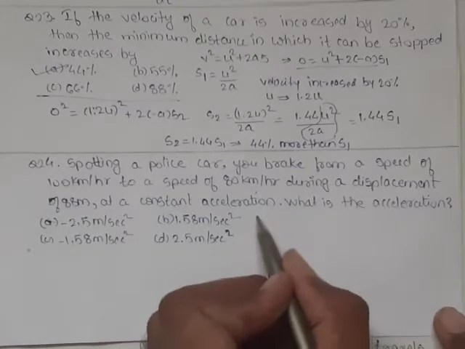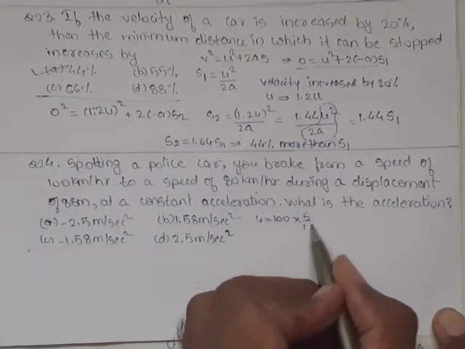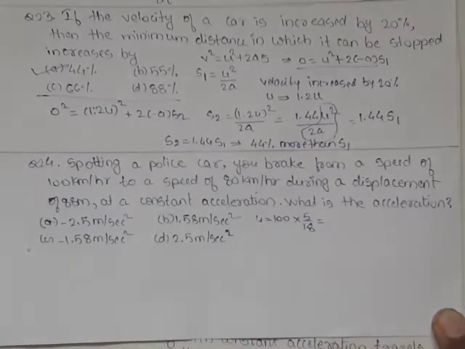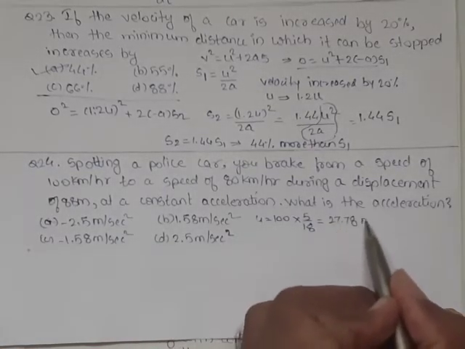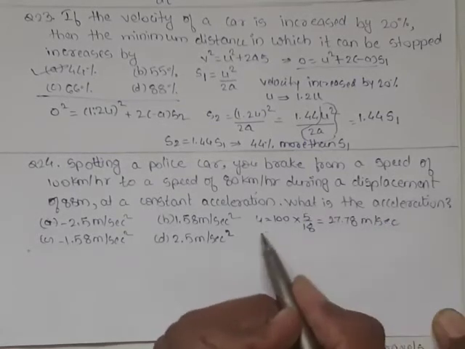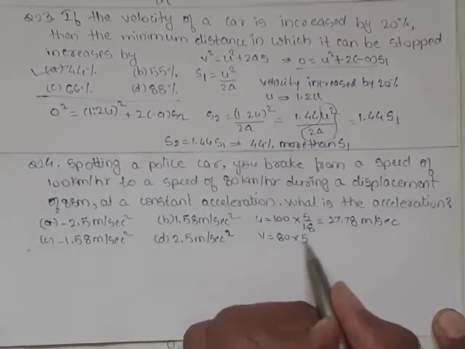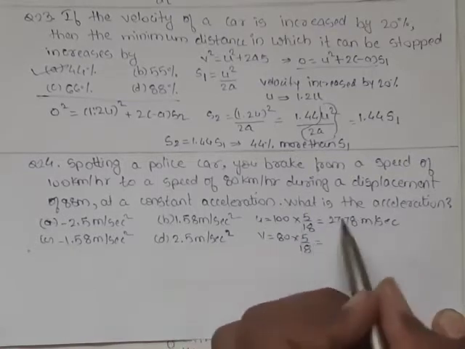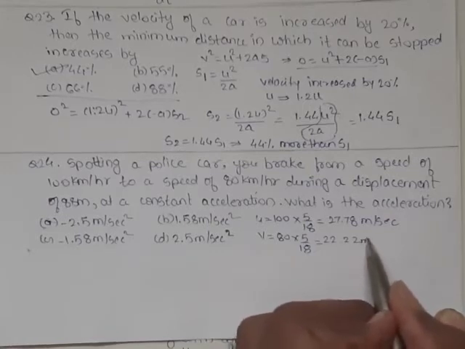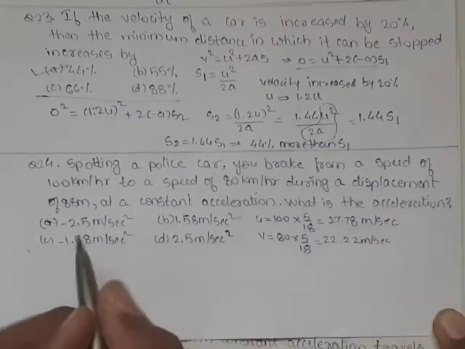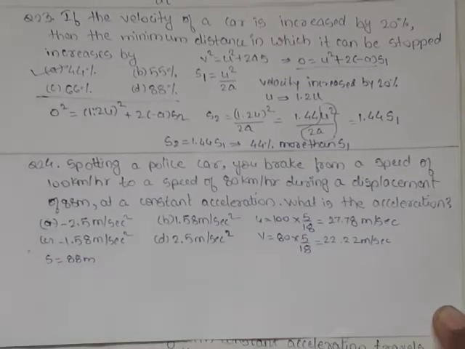Initially velocity was 100 km per hour, converting into meter per second, multiply by 5 by 18, it comes to be 27.78 meter per second. Final velocity v is 80 km per hour, means 80 into 5 by 18, so final velocity comes to be 22.22 meter per second. Again we know that distance s traveled equals 88 meter.